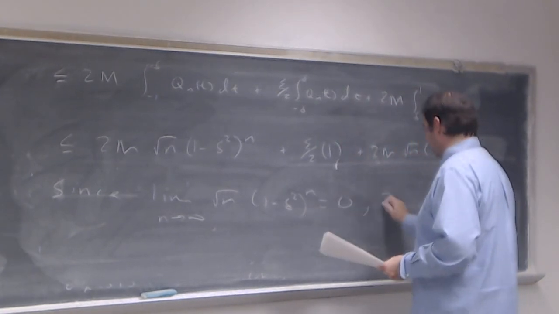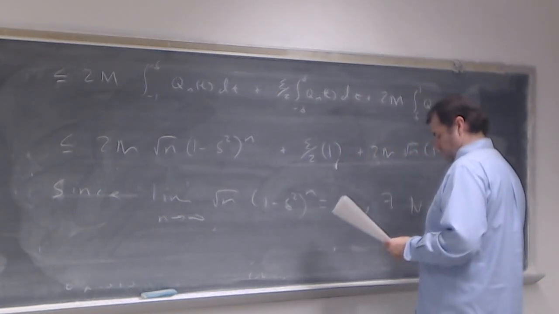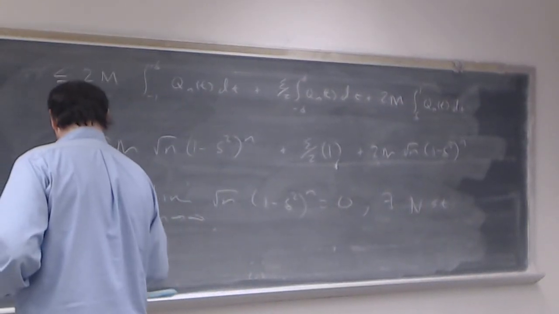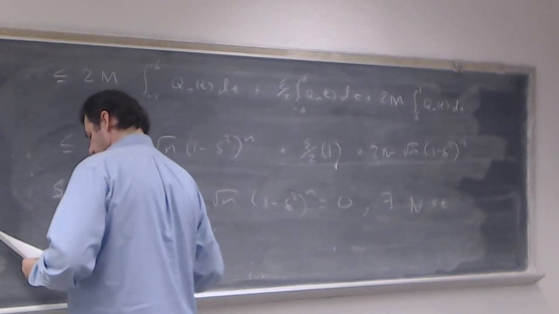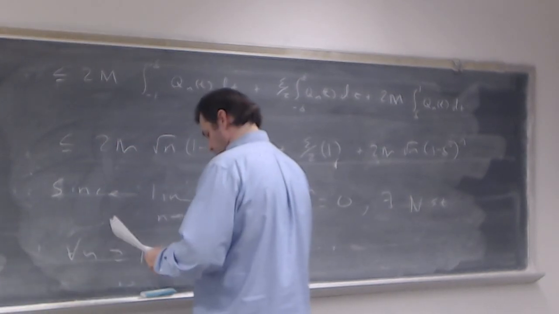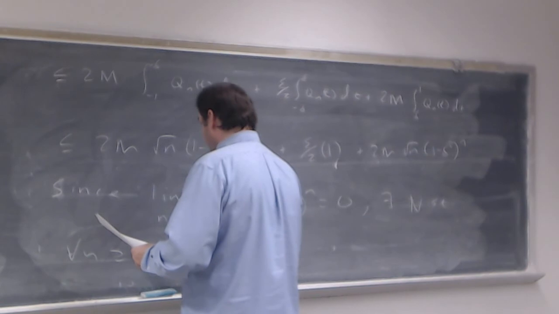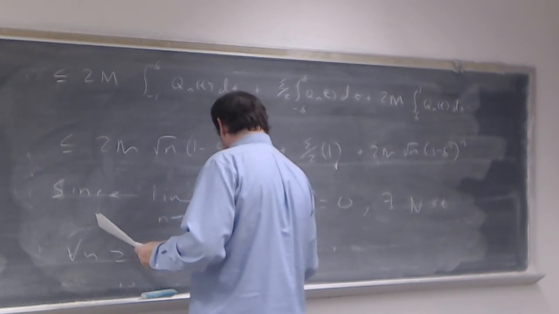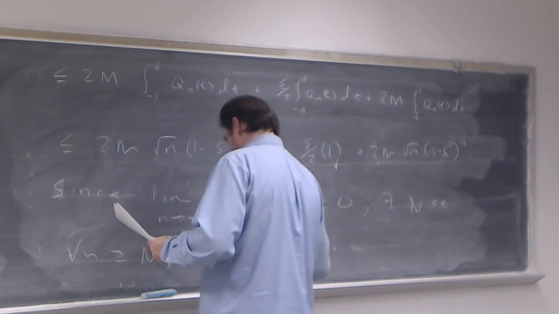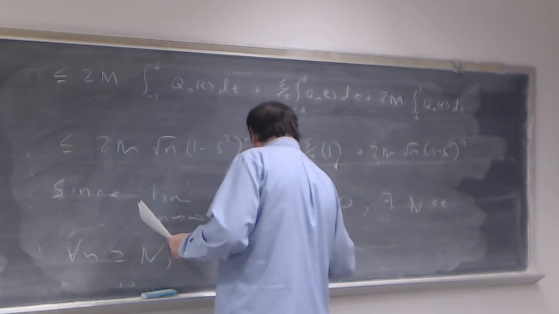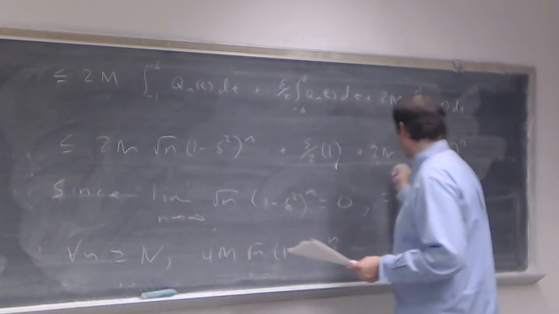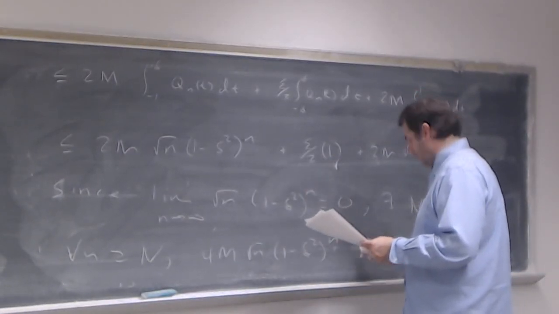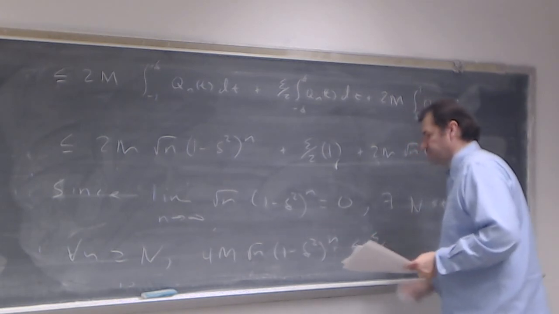There exists a natural number such that for all n bigger than or equal to this natural number, m times the square root of n times (1 minus delta squared) raised to the n, which I'm looking at right here, will be less than epsilon over 2.